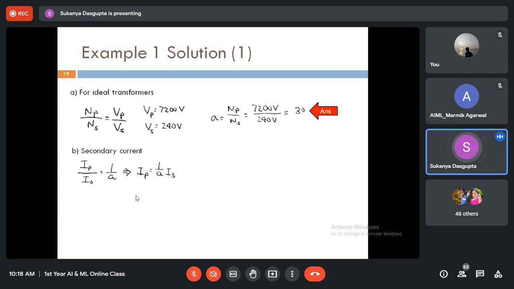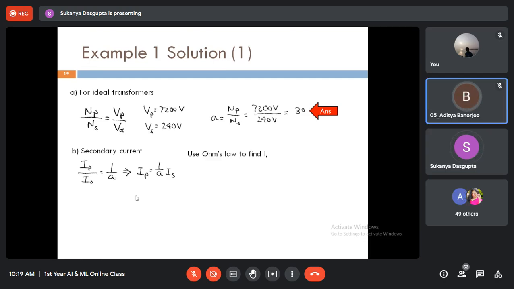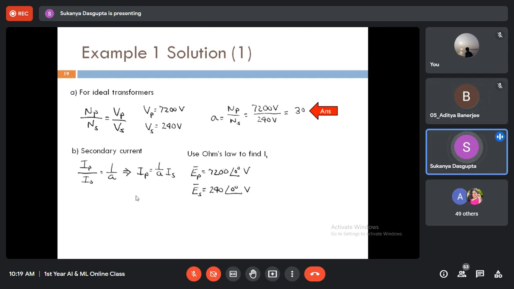So secondary current can be calculated as A times IP, because IP by IS, primary current by secondary current, is equal to 1 by A. What type of transformer is it? Step down or step up? Step down transformer, right? So IP by IS equals 1 by A. So IS, the secondary current, is simply A times IP.